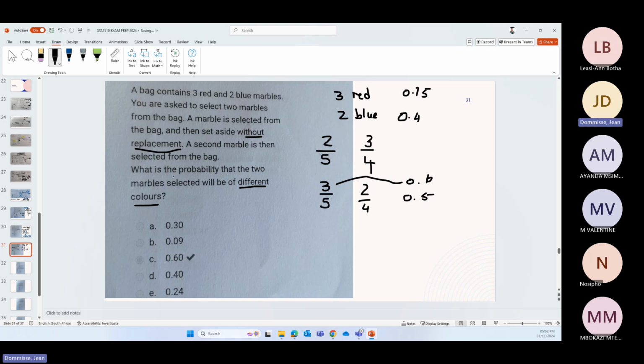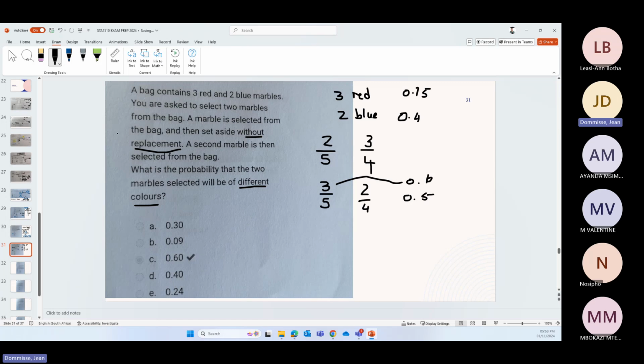This is now interesting. If somebody can share how you got to 0.6, what am I missing here? The bag contains 3 red, 2 blue marbles. You're asked to select 2 marbles from a bag.